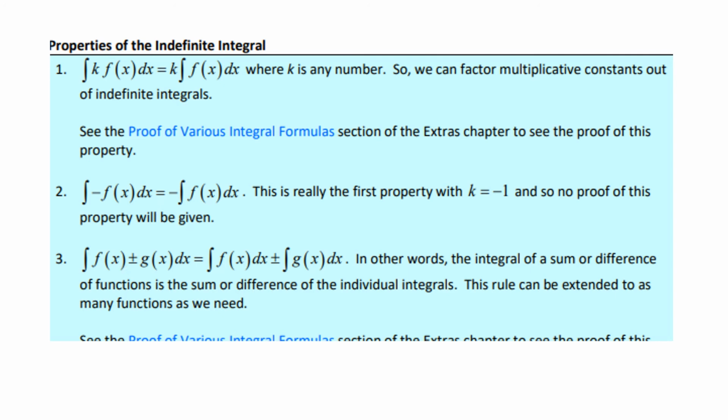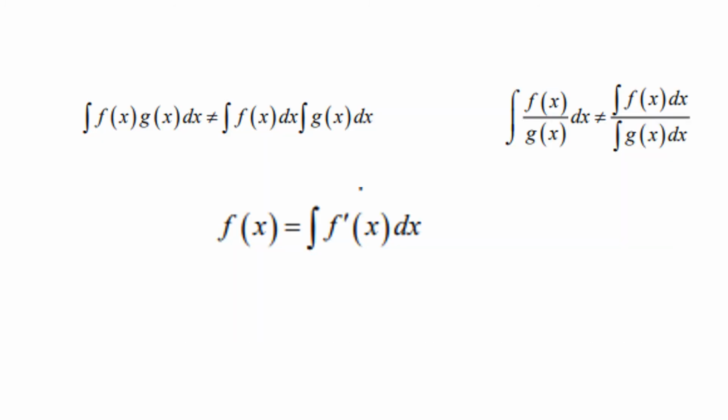And moreover, since the derivative of the sum or difference is the sum or difference of the derivatives, when you go backwards, that means that the indefinite integral of the sum or difference of two functions is the sum or difference of their integrals. That means that you can do integrals term by term. Another thing that's true then, certainly if we take the indefinite integral of f prime of x dx, we will get f of x.